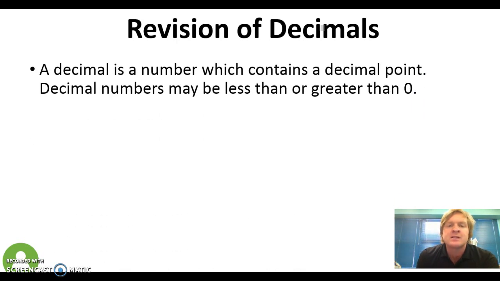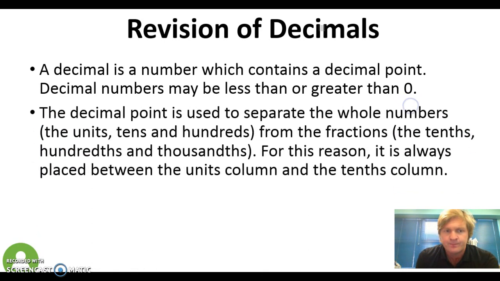A decimal is a number which contains a decimal point. Decimal numbers may be less than or greater than 0. The decimal point is used to separate the whole numbers, so the units or the ones, tens and hundreds, from the fractions, which are the tenths, hundredths, thousandths, and it can go further.